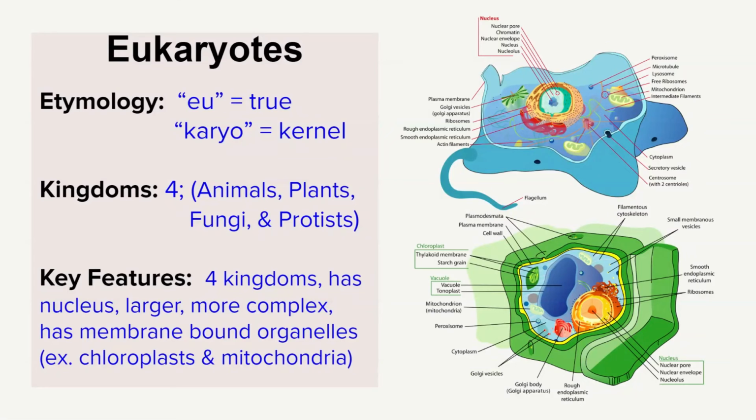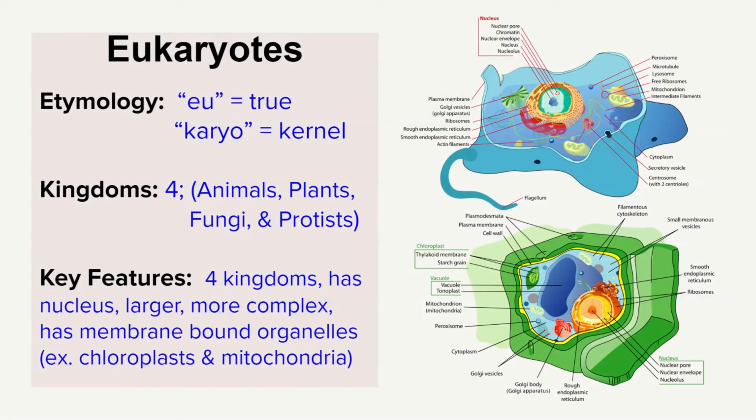And this is where there is a difference between protists being, there are some unicellular protists. In other words, amoebas, and other types of protists out there that are just made up of one cell, but they are so much more complex than the bacteria cells that are also unicellular. Most eukaryotes are multicellular because, again, complex means more complex organism too. Now, these key features, there's 4 kingdoms that make up this type of cell.